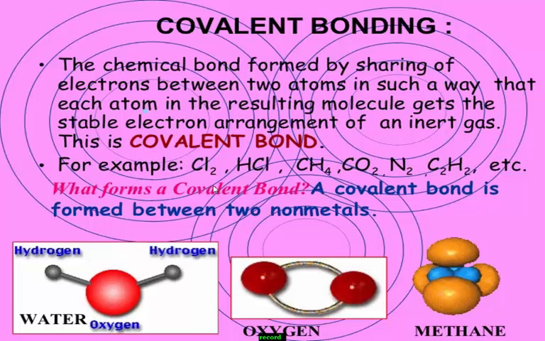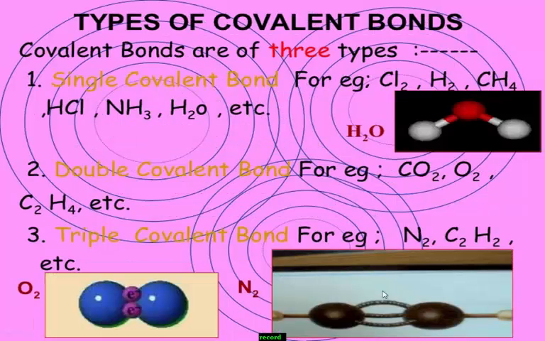Covalent bond is formed between two non-metals. As an example, water, whose molecular formula is H2O, has two hydrogen atoms bonded with one oxygen atom. Also the oxygen molecule with two oxygen atoms, and methane. These are some examples which contain covalent bonds.